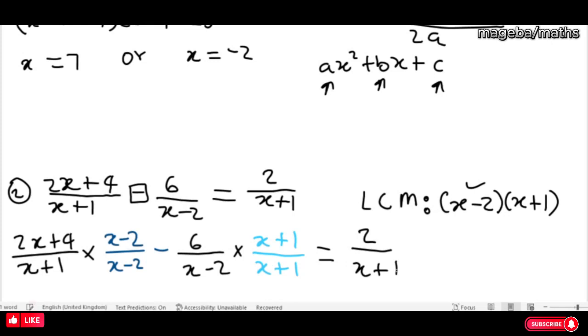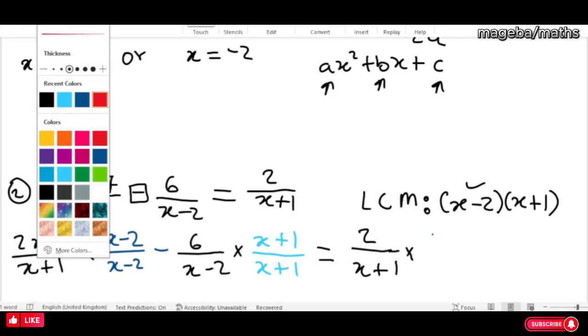We have x plus 1 here, meaning we're going to times with x minus 2, so x minus 2 all over x minus 2. There's something that you must recognize, very very important, that our denominator now is almost the same.